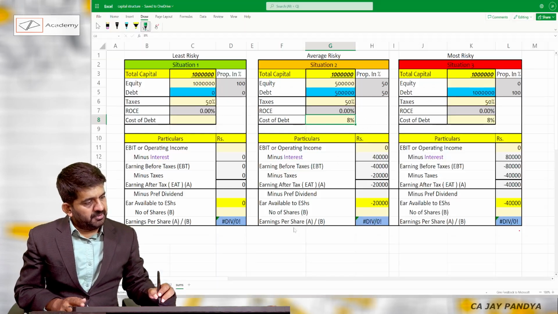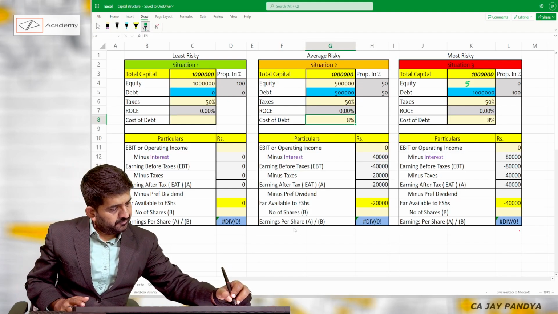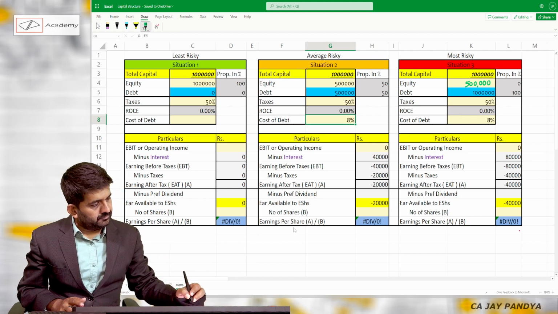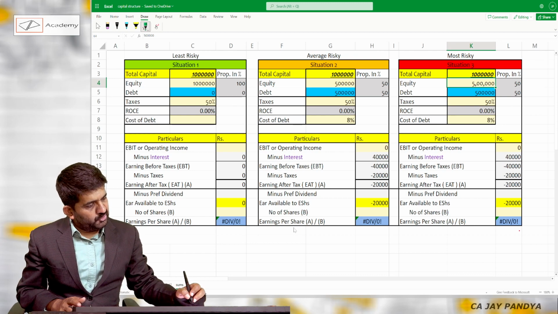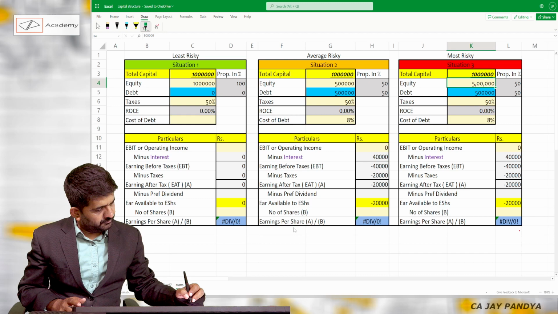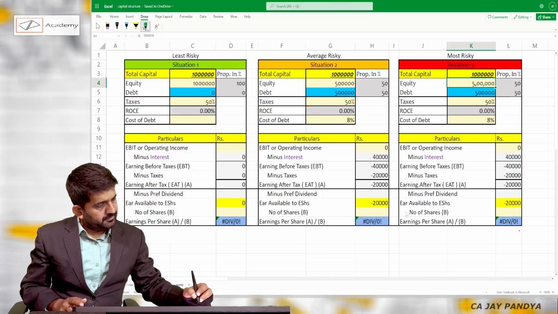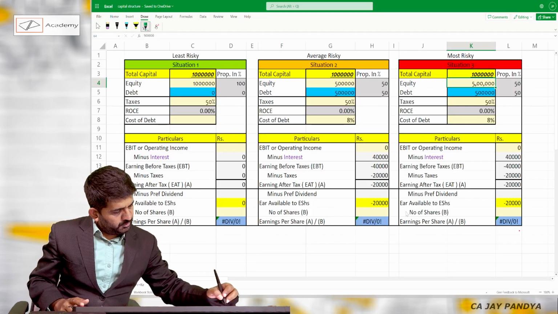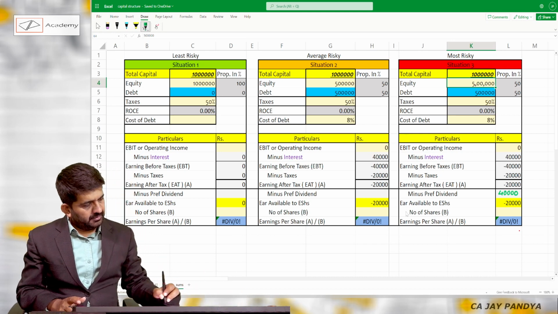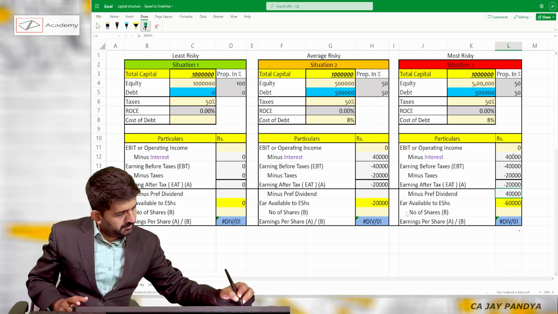In option number 3, 5 lakhs equity, and the remaining 5 lakhs is not debt, it is preference shares. So 40,000 will be the preference dividend, and interest will be 0.